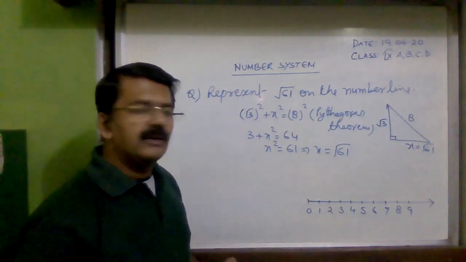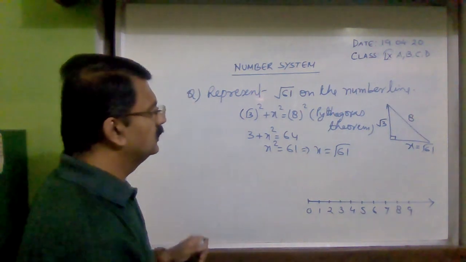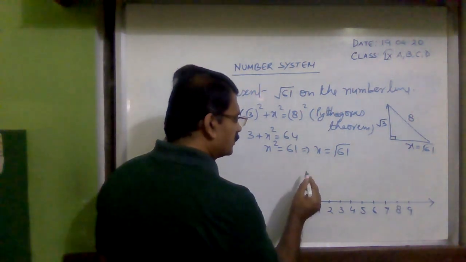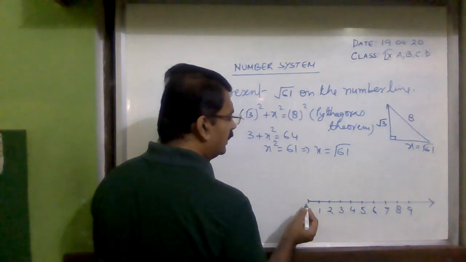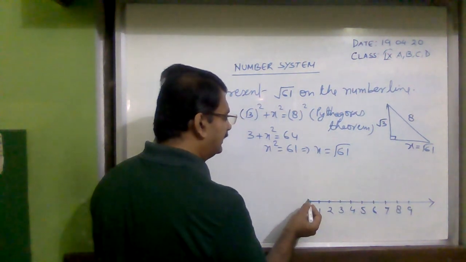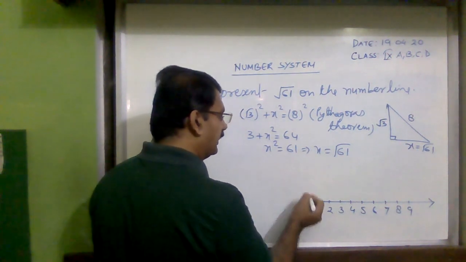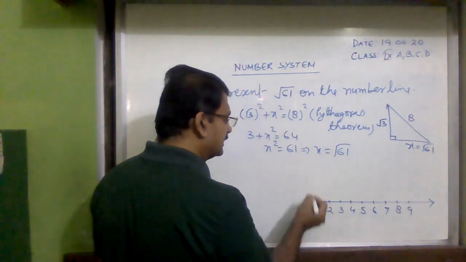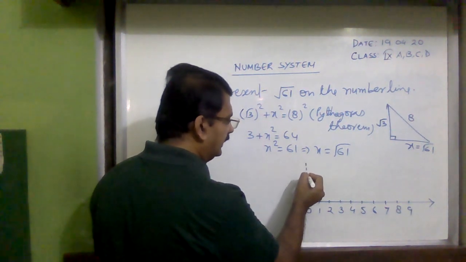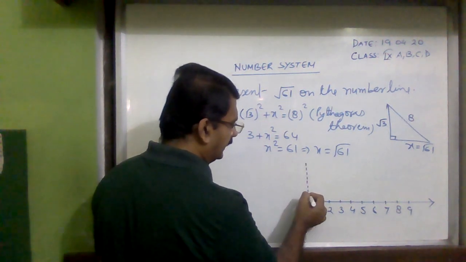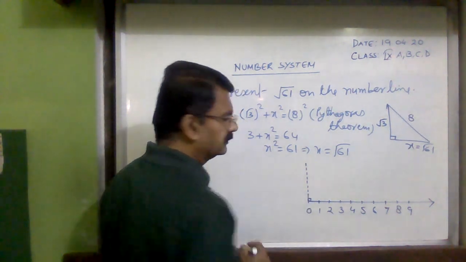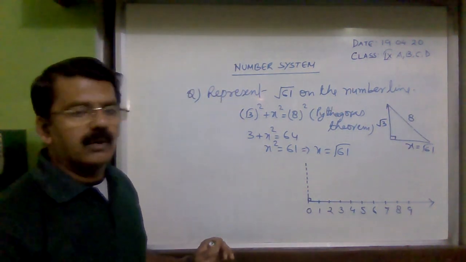To find the value of root 3, what we do, you draw a line perpendicular to the number line at point 0. You draw a line perpendicular to the number line like this. Clear?